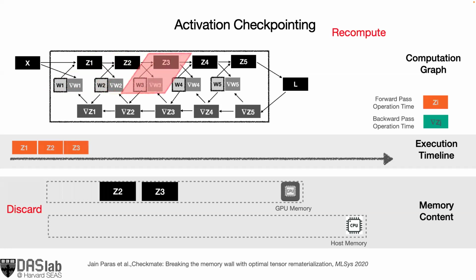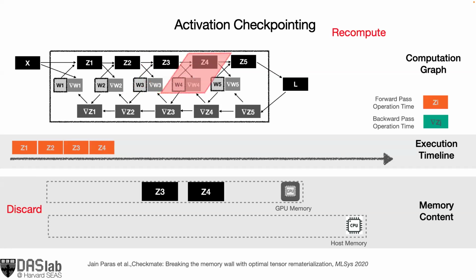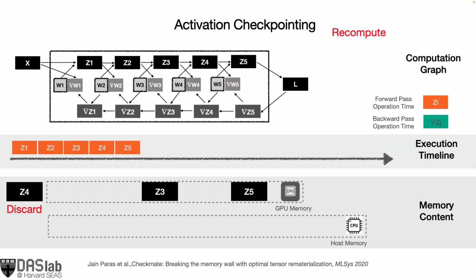And then with Z2 we can calculate Z3. After we calculate Z3, similarly, we no longer need Z2 in the forward path, so we can remove it from GPU memory. And so on and so forth, we got Z4, and we got Z5, and we can choose to preserve Z3 in GPU memory and remove Z4 as well.